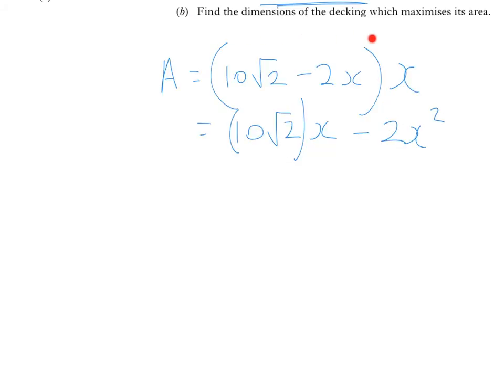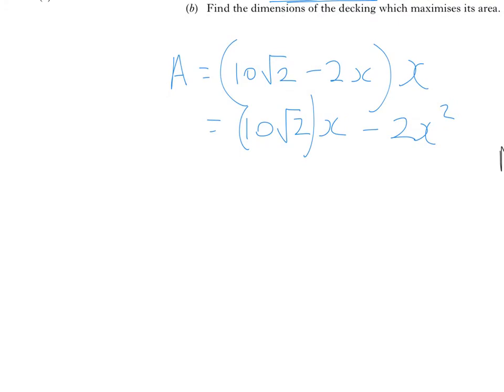Part C says, find the dimensions of the decking which maximises the area. So again, I'm going to look at the two options for that one, which are nature table and double derivative. But before that, I'll need to differentiate the function. 10 root 2 x is a constant times x, so that will just become the constant 10 root 2.